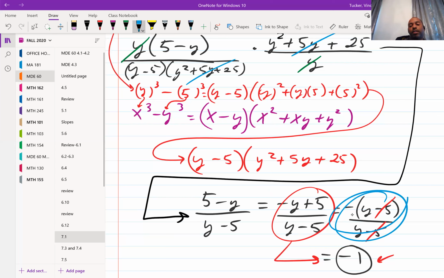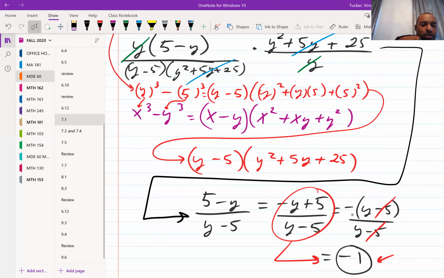That's because if you factor out negative 1, that leaves you with y minus 5 over y minus 5, which cancels out completely. All right, questions?